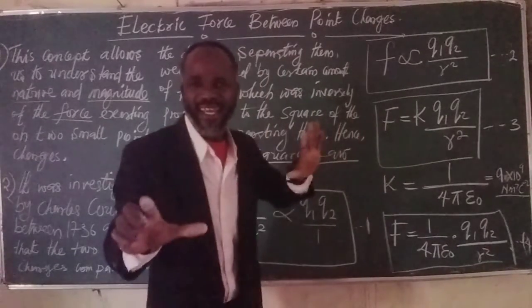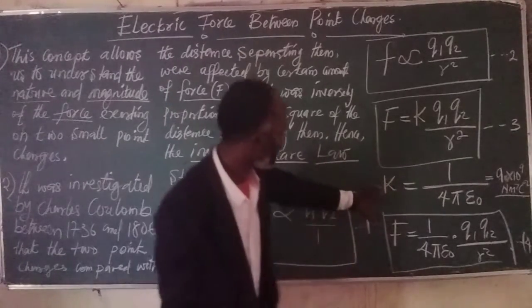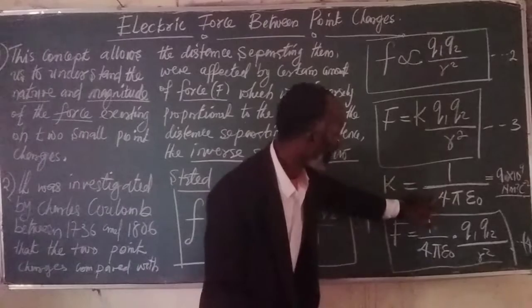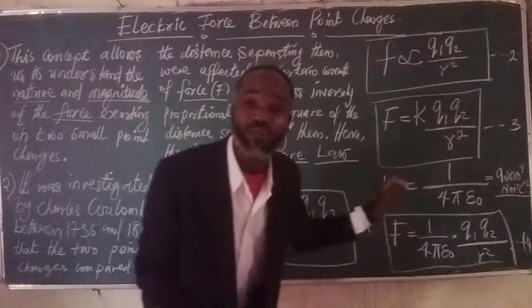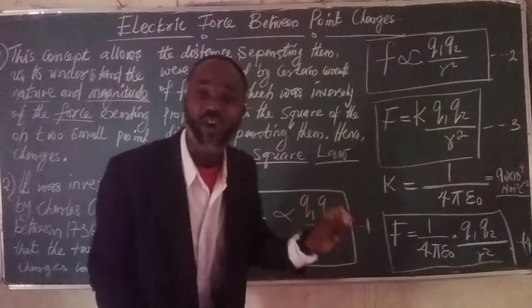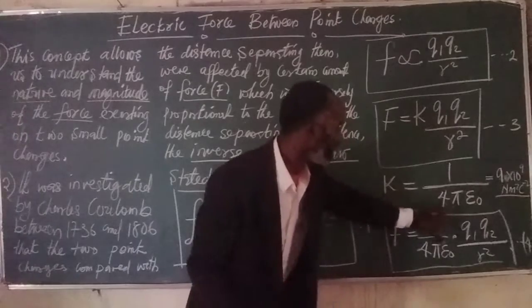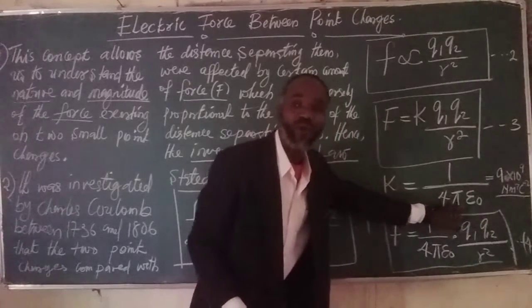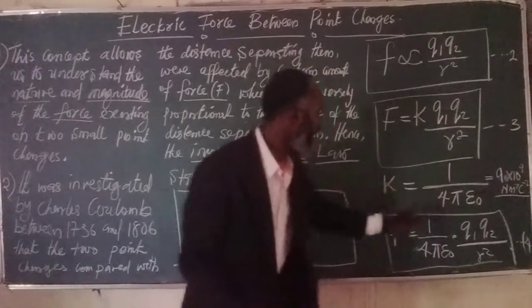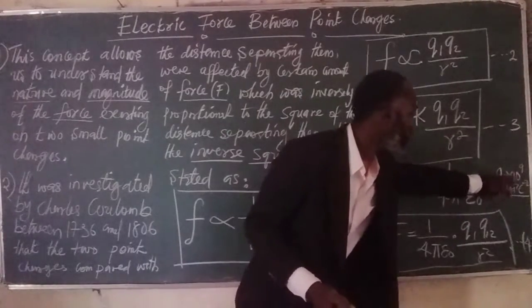Where K assumes a certain amount of value. And K can be defined as 1 over 4 pi epsilon naught, where epsilon naught represents the permittivity of free space. And by the time we substitute the value of pi and the value of epsilon naught, we arrive at the concrete value of K, which is 9 times 10 raised to the power 9.